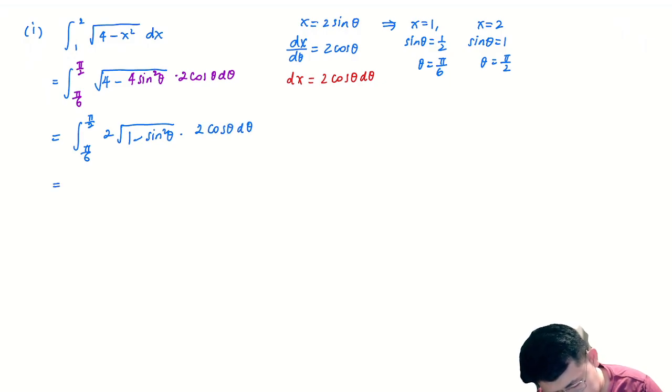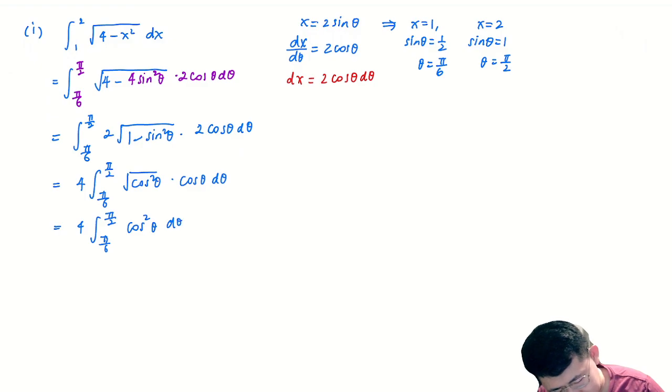Put both the 2's in front, I will have a 4. 1 minus sine squared is actually cos squared. The square root of cos squared is still cosine, but we have another cos on the outside, so I still get cos squared theta over here.